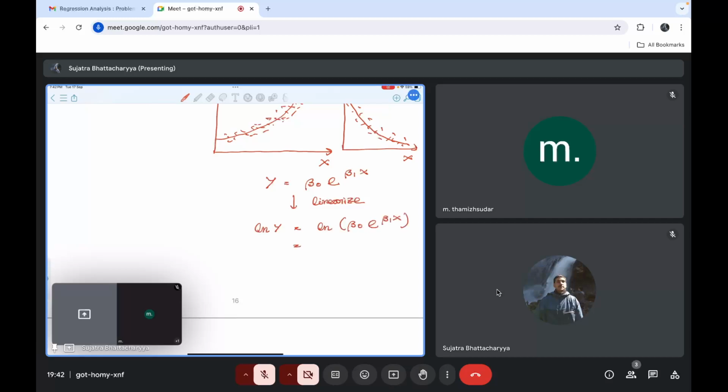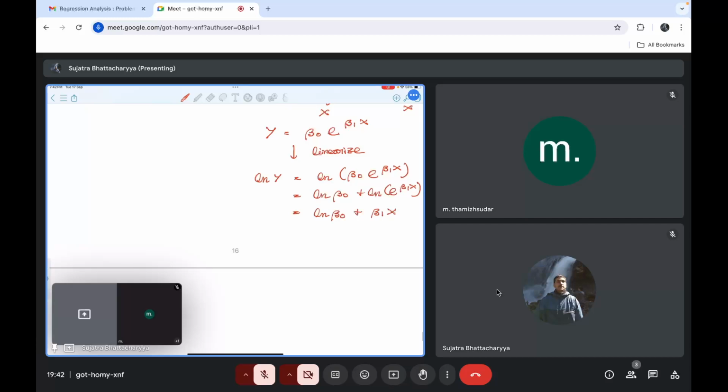Log of a into b is what? Log a plus log b. So this is log beta naught plus log of e to the power beta 1 x. Log and exponential are opposite and will cancel. So your y dash will be equal to beta 1 x plus some beta naught dash.